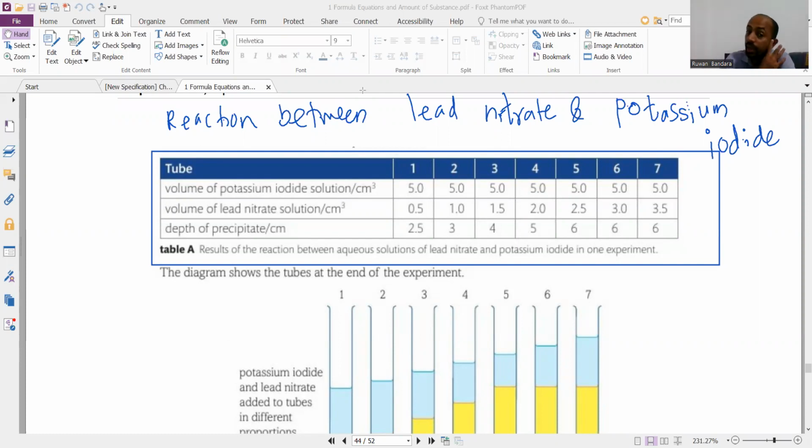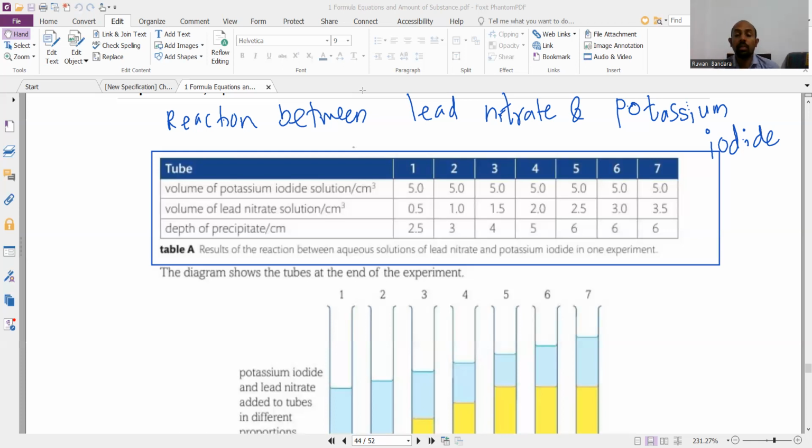Now, this is what those scientists did. They took potassium iodide solution and lead nitrate solution.